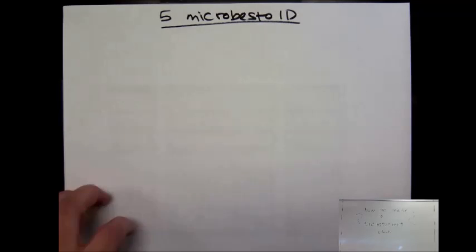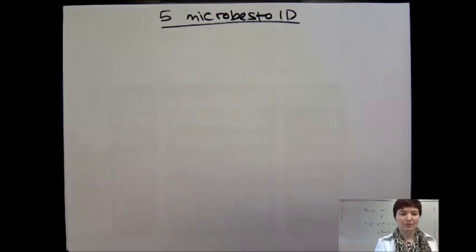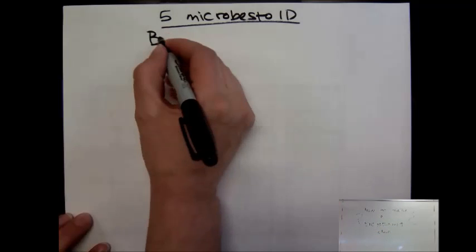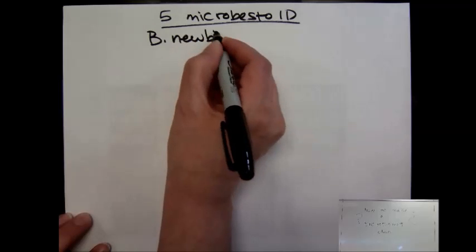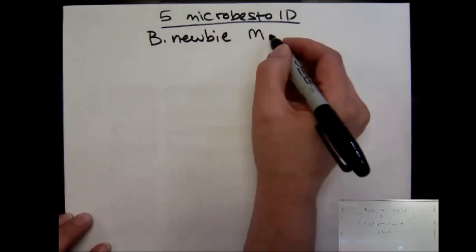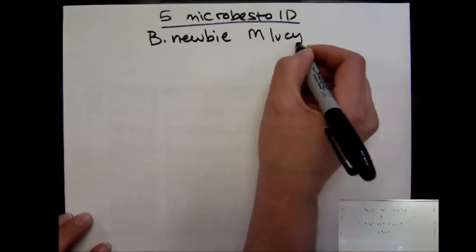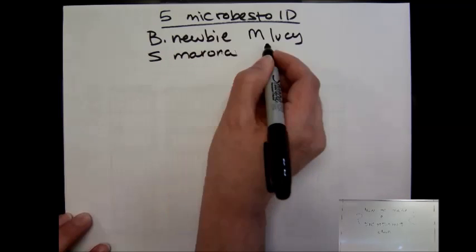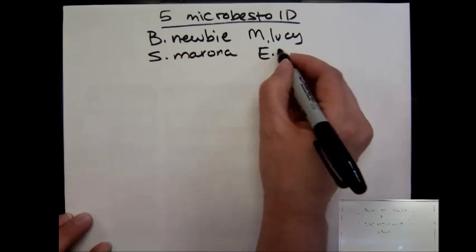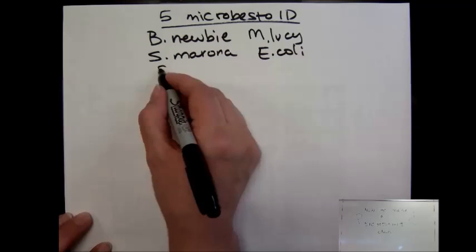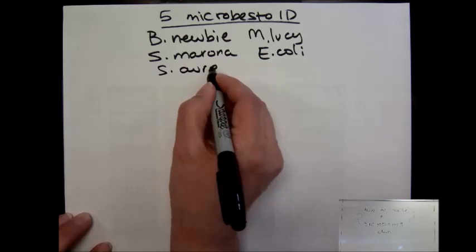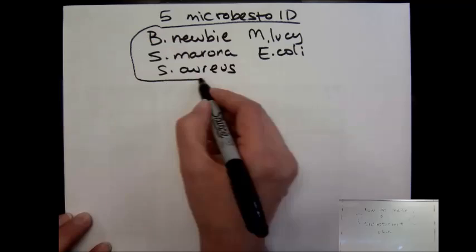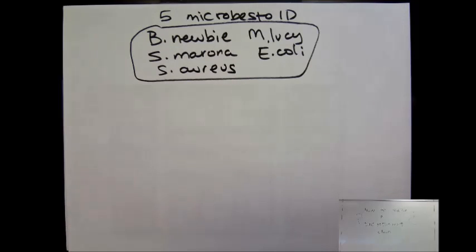In real life they're going to be different than these ones, but let's just list 5 hypothetical microbes. Let's say we have Bacillus nubi, Micrococcus lucy, S. morona, and E. coli, that's a real one, Staphylococcus aureus, also a real one. Okay, so here are our 5 options.